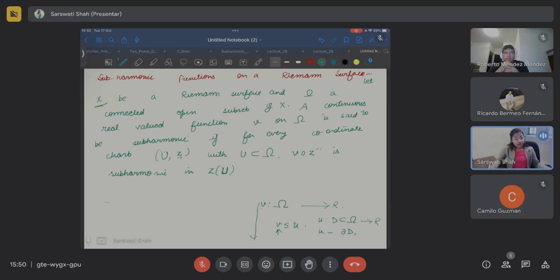So now when we are defining subharmonic functions on a Riemann surface, like on a one-dimensional complex manifold, we are not applying this condition. We are saying that for every coordinate chart (u, z), the composition V of Z inverse is subharmonic in Z of U. So the definition has changed a little bit, but not totally.